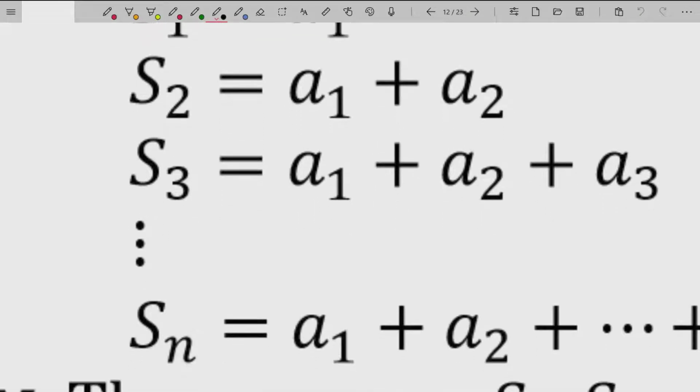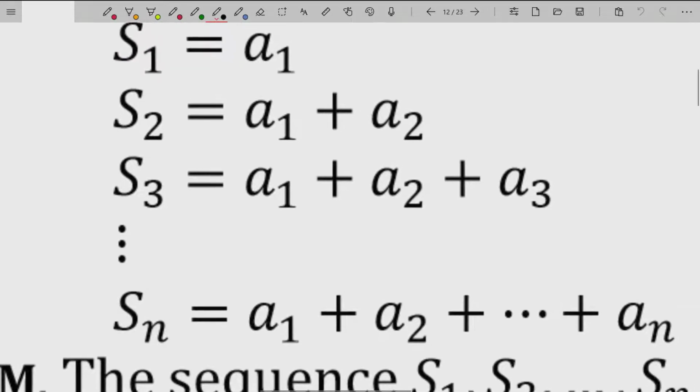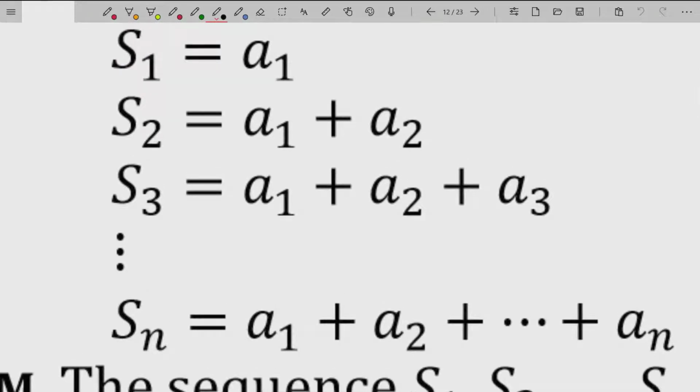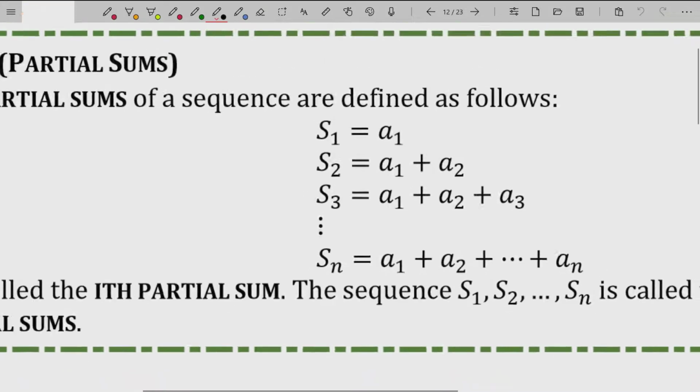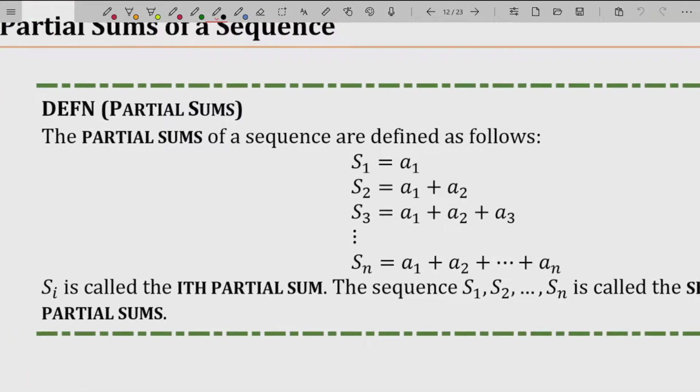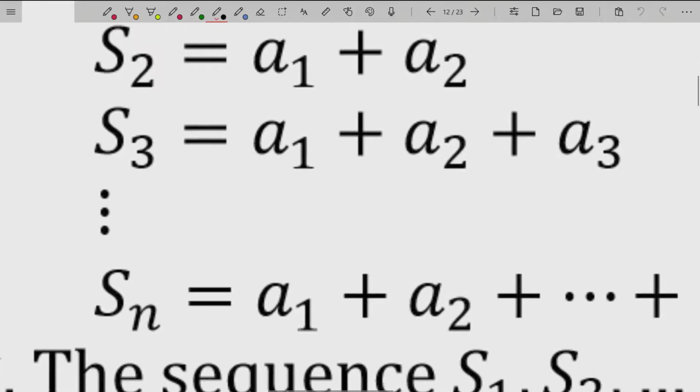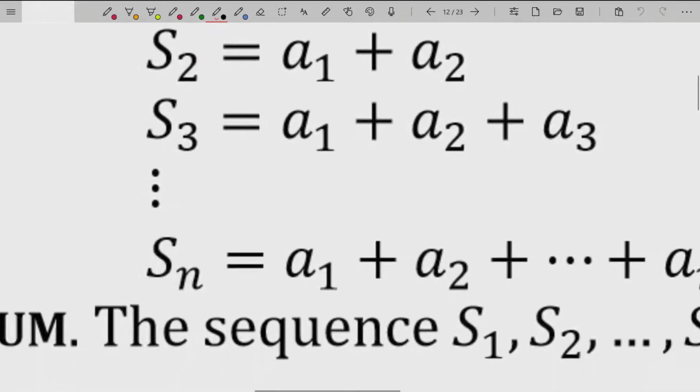S sub n would be the sum of the first n terms of the sequence. That's it. So that is called the nth partial sum, or if you stop at i, it's called the ith partial sum. But the last one there, since it stopped at n, is called the nth partial sum.